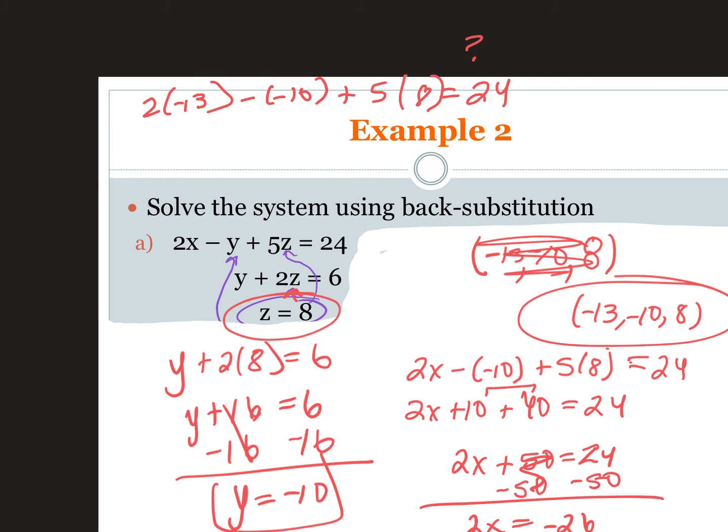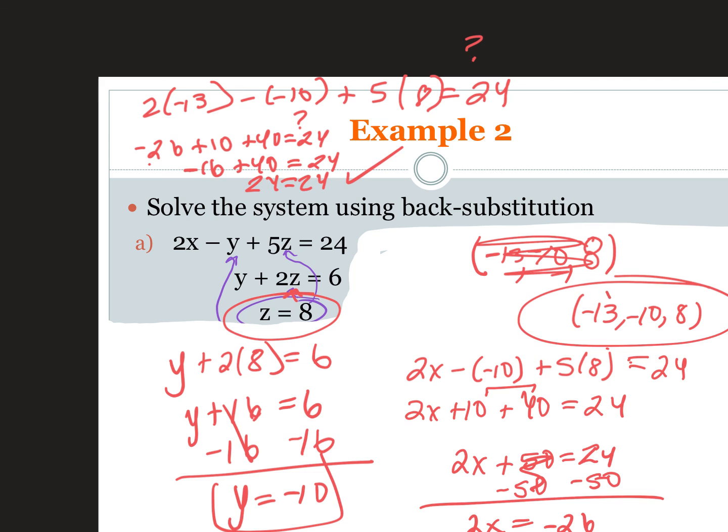So 2 times negative 13 is negative 26. Plus 10 plus 40 equals 24. Does this work? Negative 26 and 10 is negative 16. Plus 40 equals 24. So does 24 equal 24? Yes, we're good to go.